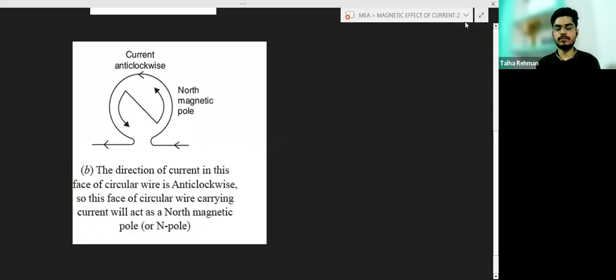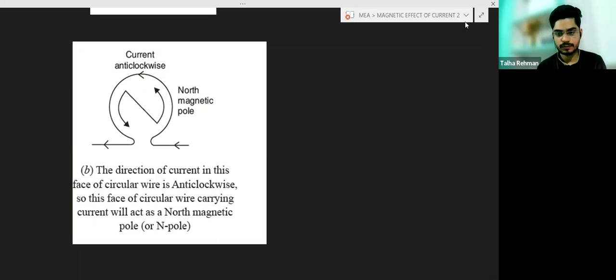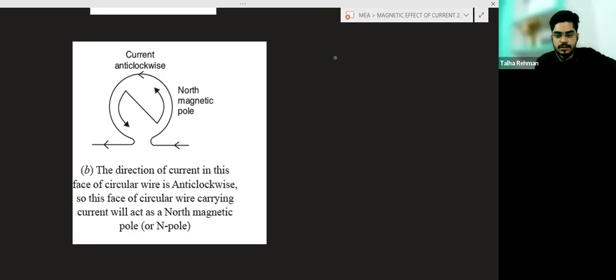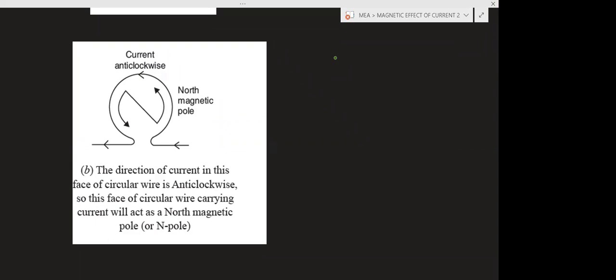Now we will solve some of the questions. Then we will have the idea of this theory, how to apply this theory. Wait for 1 minute because it's Azan time. Yeah, I took, sir.